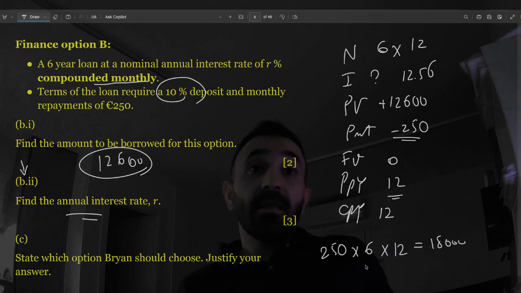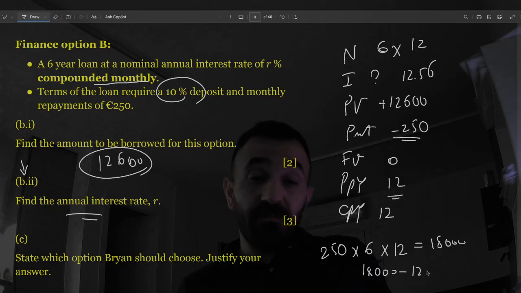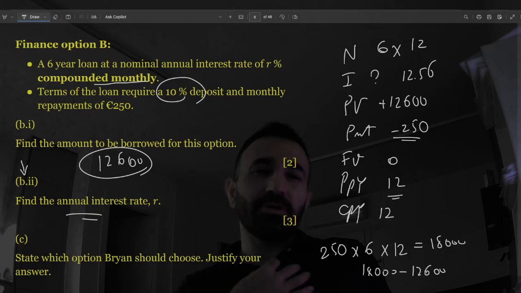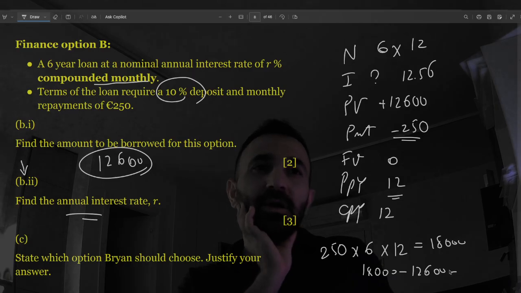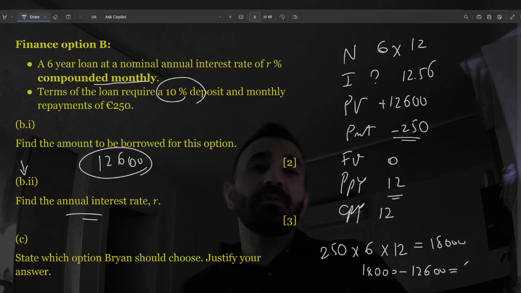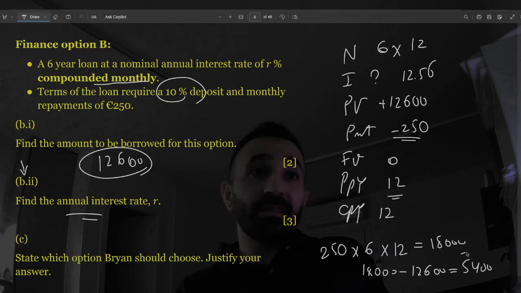Okay, $18,000 minus $12,600. Pardon me, $12,600. So this is going to give you the amount of interest, which is going to be 5,400. So this is the interest in the second case.